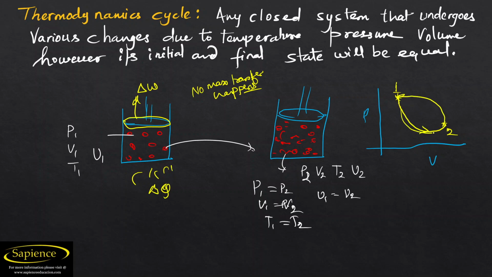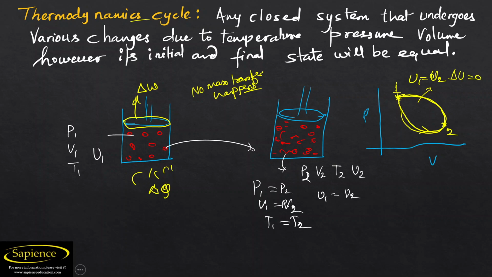So this whole closed cycle is known as a thermodynamic cycle. In this, the internal energy U will remain the same, that is U1 is equal to U2. So finally, the change in internal energy will be 0.